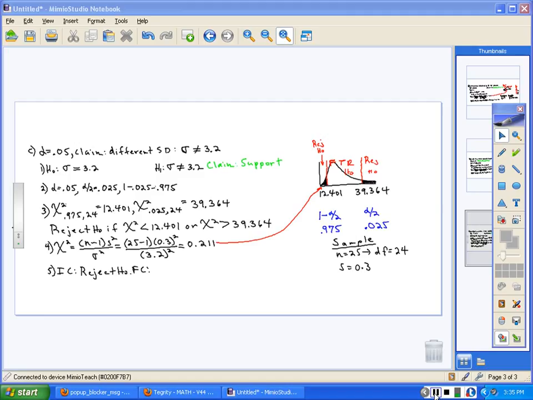So when you reject H0, it's gone, you've thrown it out, it's no good. The only thing left standing is the claim. So we can say that the data support the claim. Okay, so that takes care of the problems from Chapter 8.